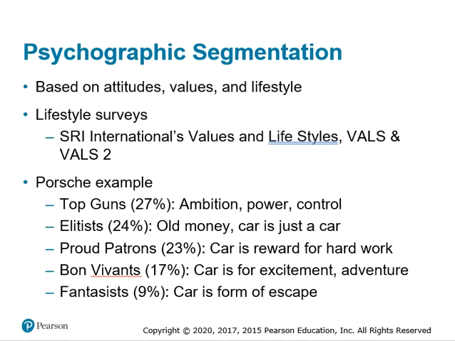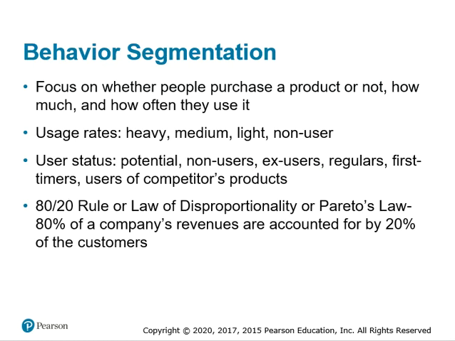You can market to Top Guns with a different message strategy or market entry strategy than you would, for example, Proud Patrons, for whom Porsche is a reward. And keep in mind that people of the same age don't necessarily have the same attitude, so you have to be careful about relying only on demographics.